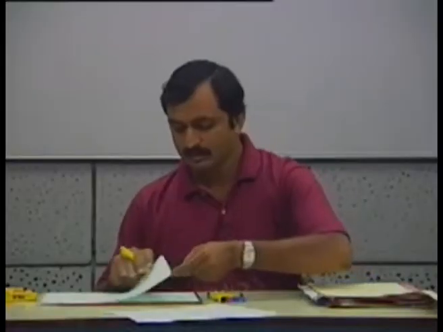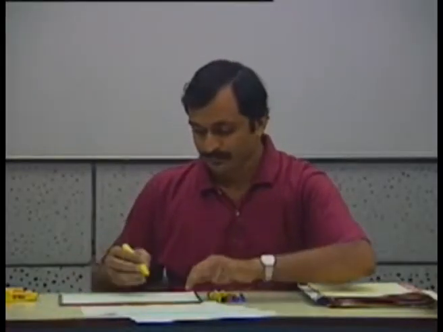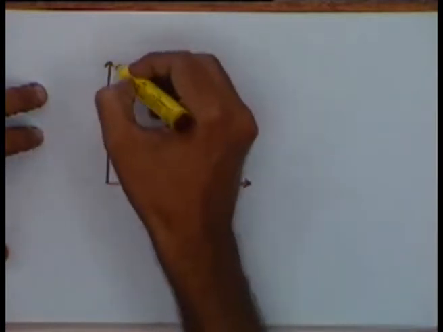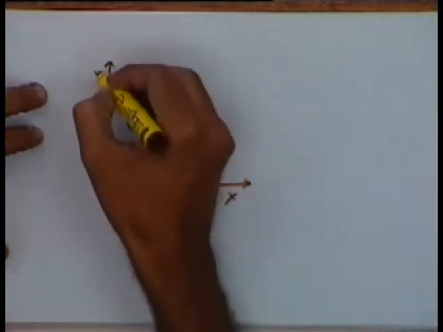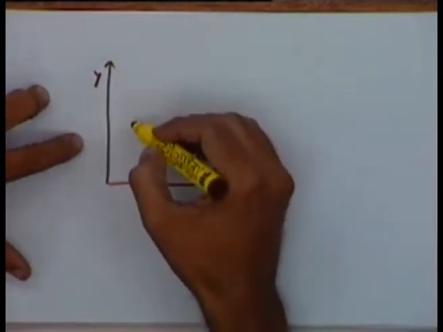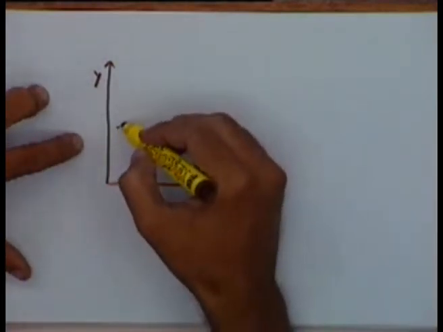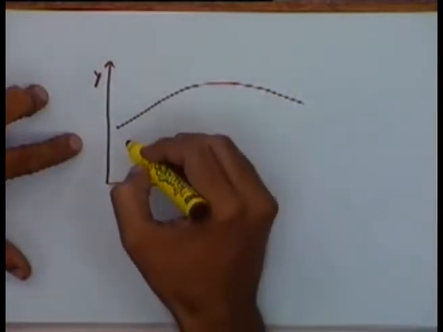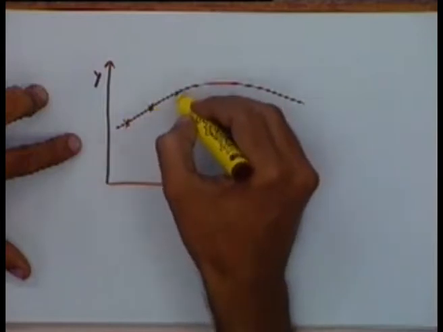Okay, that means if you look at this xy plane, then my curve, earlier I was taking my curve to be a smooth curve like this. Instead of this, my curve might be a set of points.